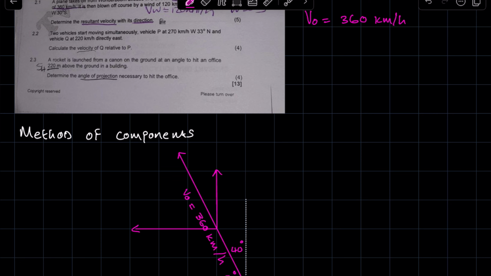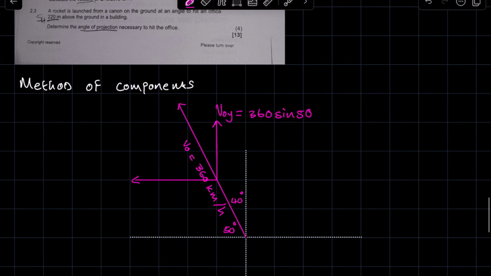So essentially this one becomes VO in the y direction, which is equal to, because the angle we're going to use is referenced from the x-axis, the 50 degrees, it means our vertical component will be in terms of sine. So this will be 360 sine 50.